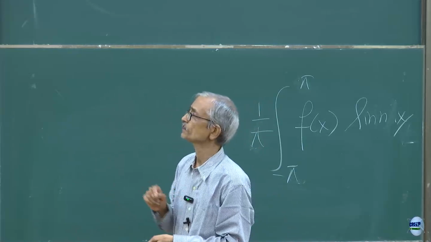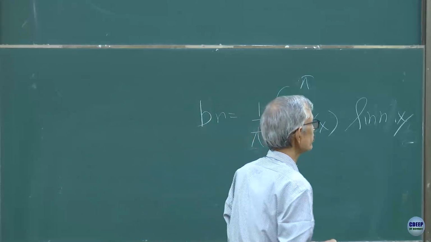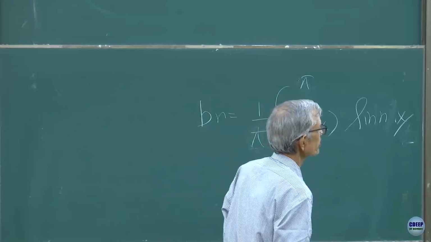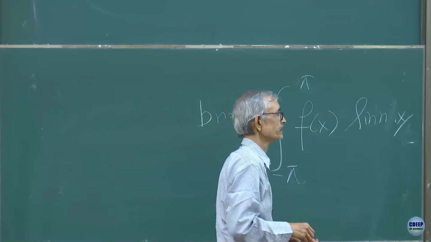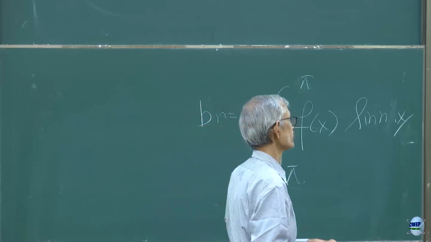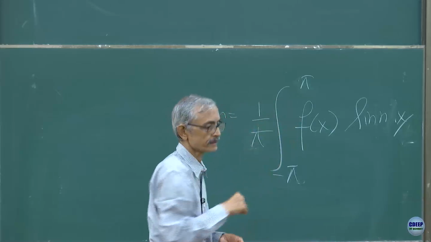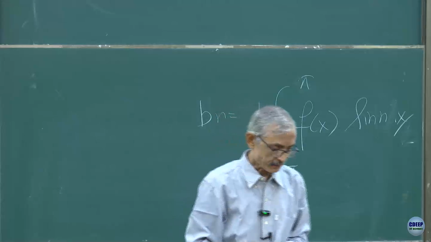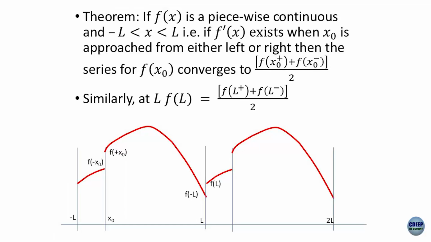That is, you need to be able to find out what the a0 is, and f(x) times sin x and f(x) times cos x also need to be integrable, and the series has to be a convergent series. Once we are clear that these conditions are satisfied, then we can go ahead and say that we have the solution to the series for any 2 pi periodic function.